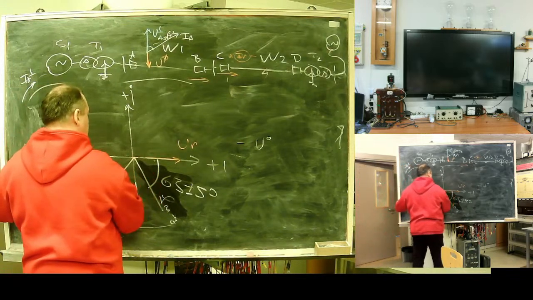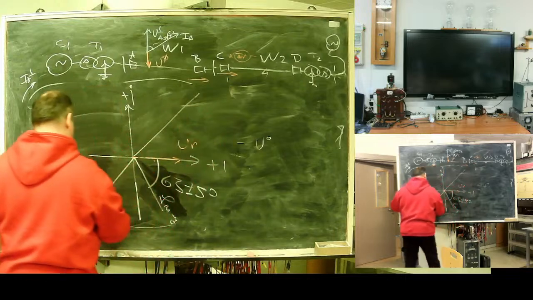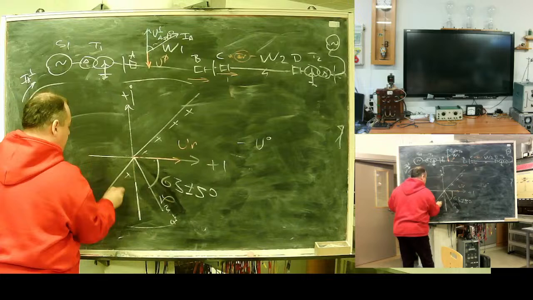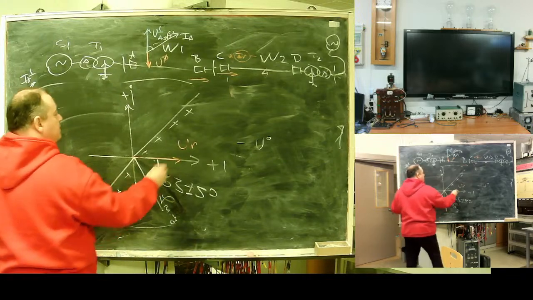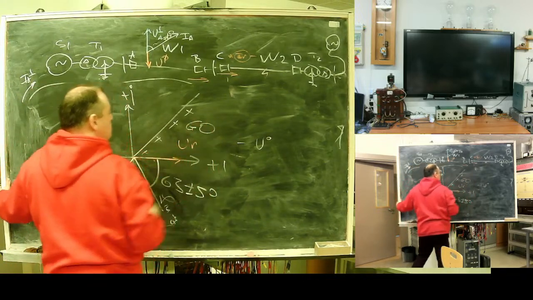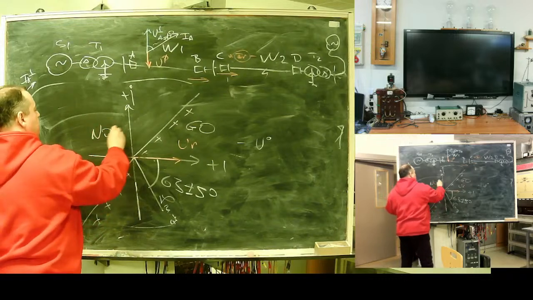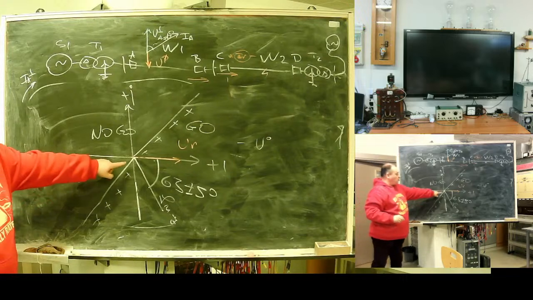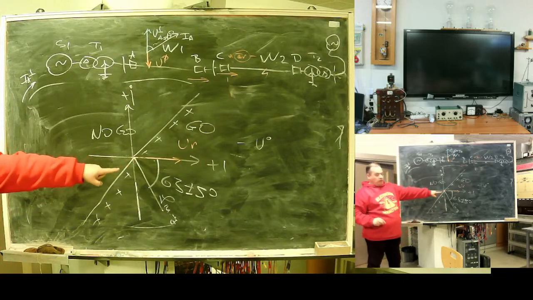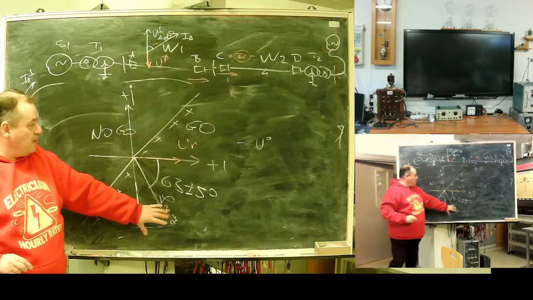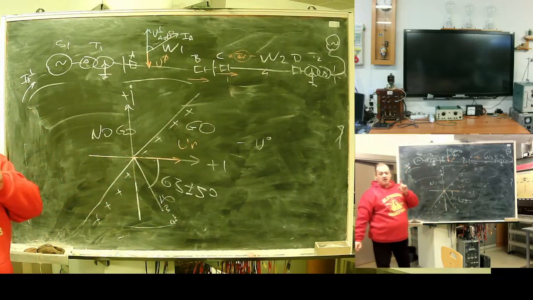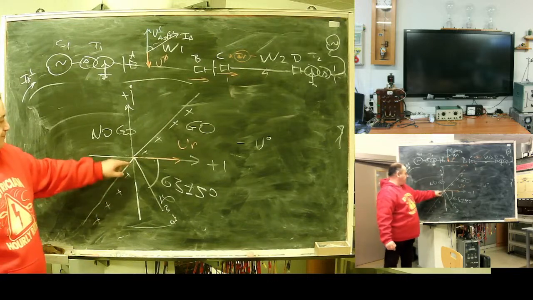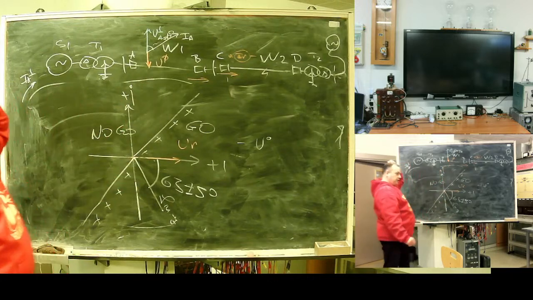And go, no go line. This is go, no go. And all internal faults will be here. Polarizing voltage minus U0. In case of U0, it will be mirrored.